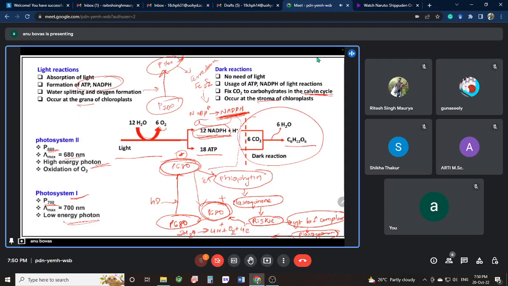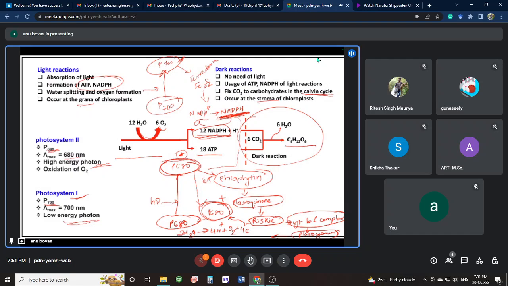You can learn about the Calvin cycle also. I hope somebody will be teaching you while dealing with that. Maybe I'll teach it next class, or somebody else will. It is easy. It goes through some steps where ribulose diphosphate is converted to 3-phosphoglycerate and so on.